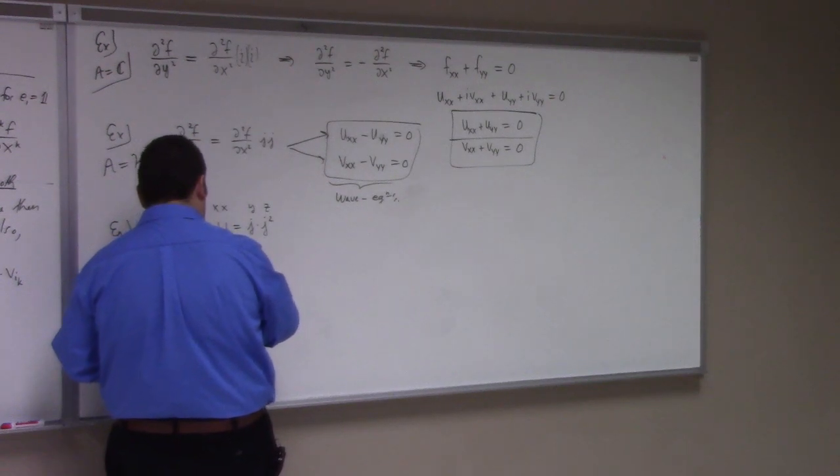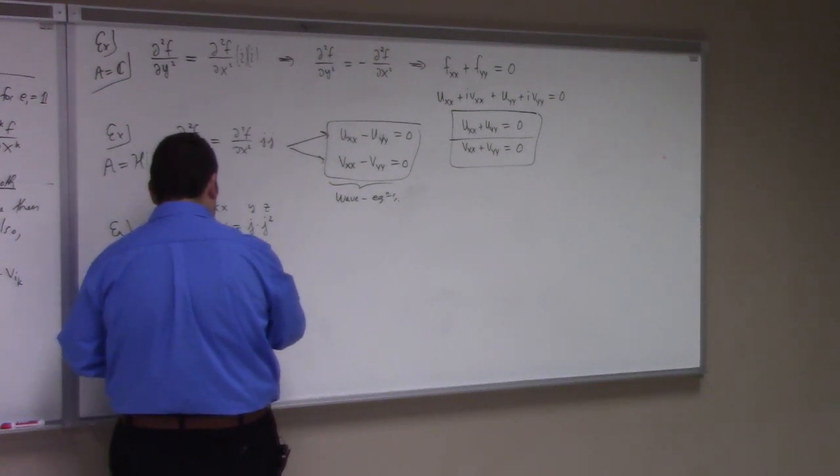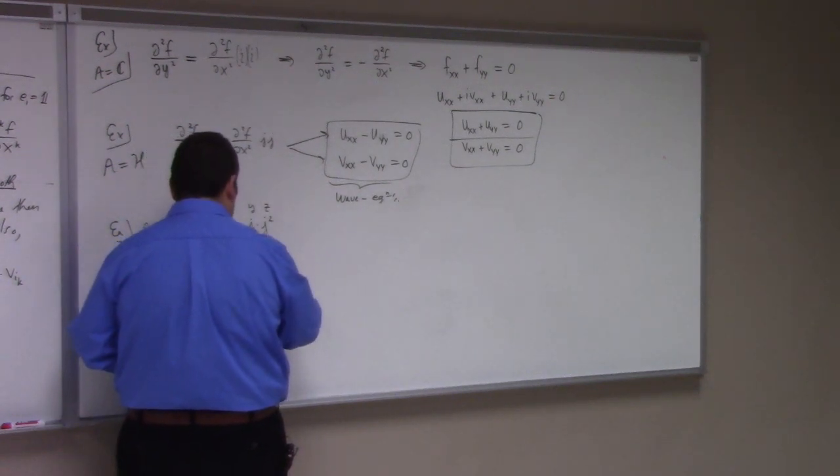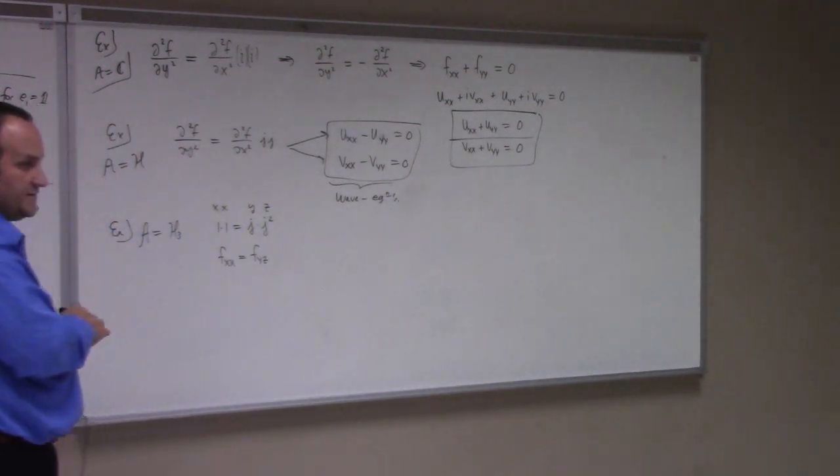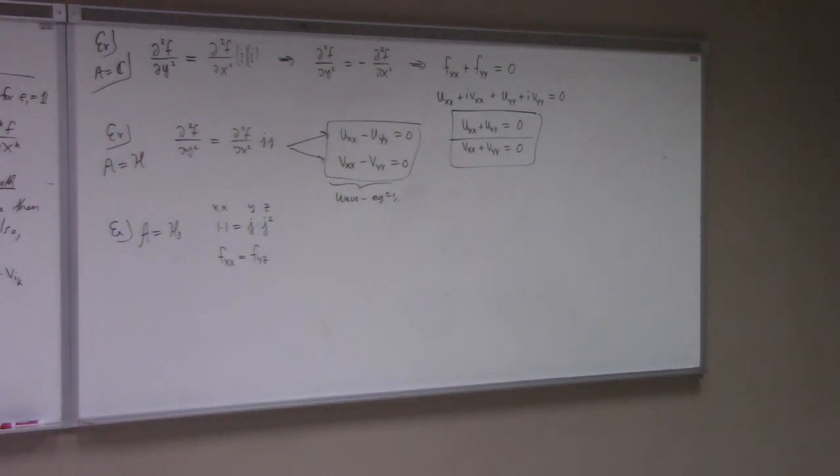This says that fxx is going to be equal to fyz for the hyperbolic numbers. That's actually the import of this theorem. Any equation you can write down amongst the generators of the algebra corresponds to a partial differential equation which must be satisfied by the components of the functions which are differentiable.